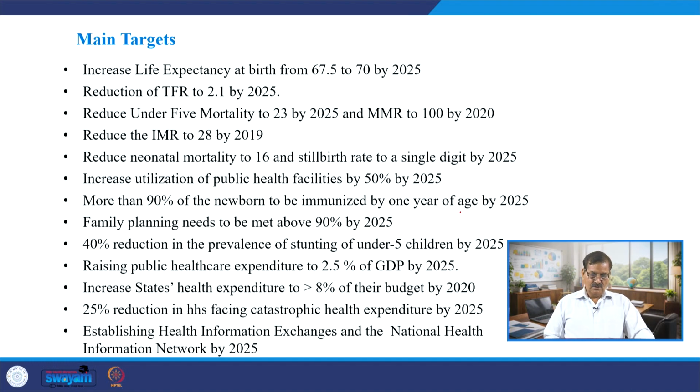Although in this policy there is no specific mention of the duration of this policy or when it will end, most of the targets set under this policy are for 2025, and it is presumed that a new policy needs to be formulated after 2025, because most of the targets are related to either 2020 or up to 2025.